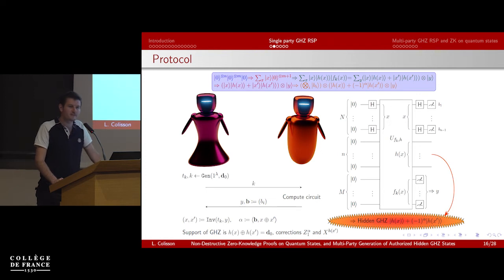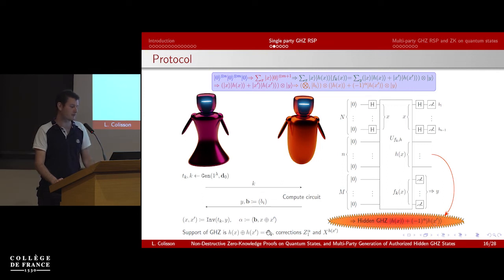Now remember, before we said h of x XOR h of x prime must be a constant, which is equal to this string d0 that Alice picks before. Because we have that property, basically we say that if at some bit i, h of x is different from h of x prime, then these qubits will be part of the support of the digit state.